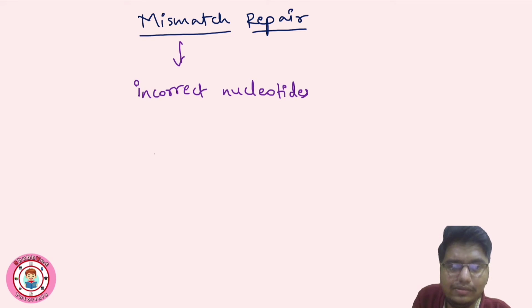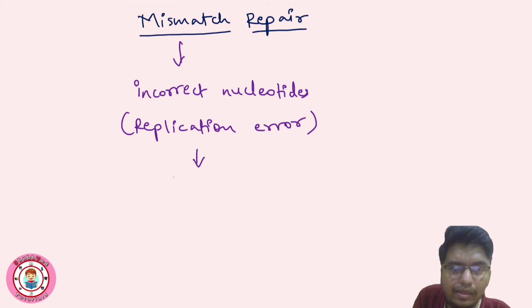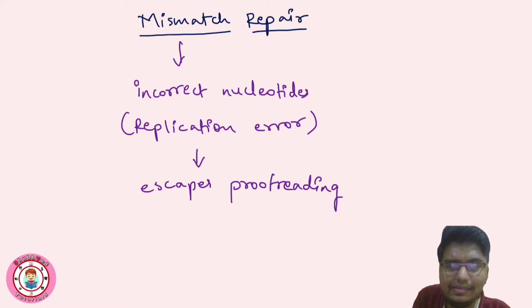This is known as replication error, which escapes proofreading, and thus the errors get fixed. Incorrect nucleotide gets fixed in the DNA. So this incorrect, or we can say mismatch pairing, has to be repaired.